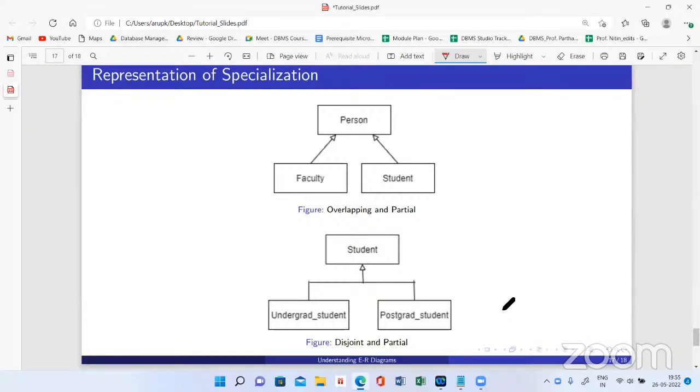This is the specialization. I'm making it specific. If I go for generalization, I should say both the undergraduate students and postgraduate students are students, right? I'm generalizing. If I take a bottom-up approach, I'm doing a generalization. If I do a top-down approach, I'm doing a specialization.